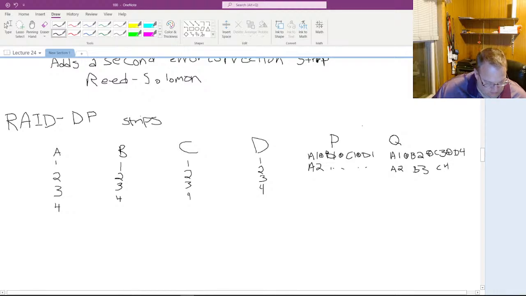C4. And then P1, not D. So it'll go across, down like this, and then come up here, up to P1.